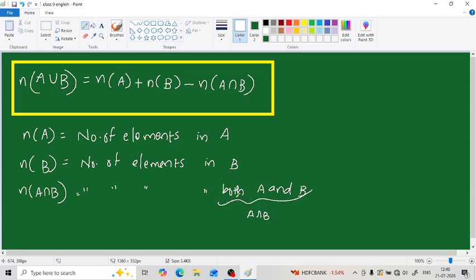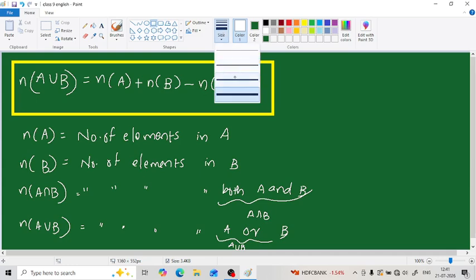So intersection can also be said as both A and B. Similarly, N of A union B means number of elements in A union B, or in other words A or B. Either it should be present in A or it should be present in B. That is the meaning of the term A union B. So this is the equation and let's understand it with an example too.